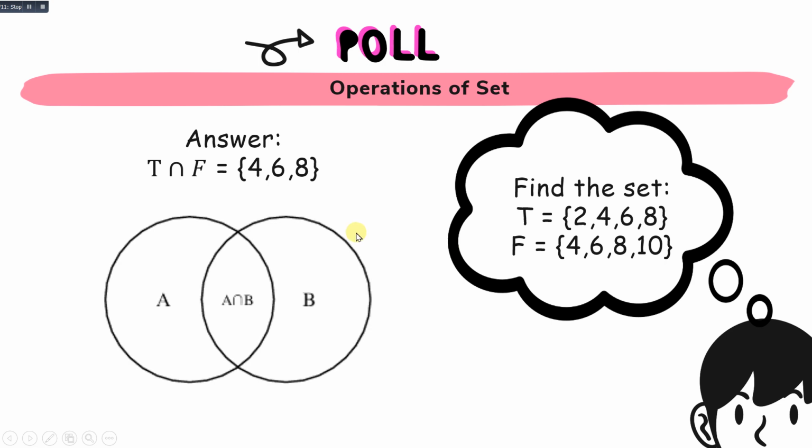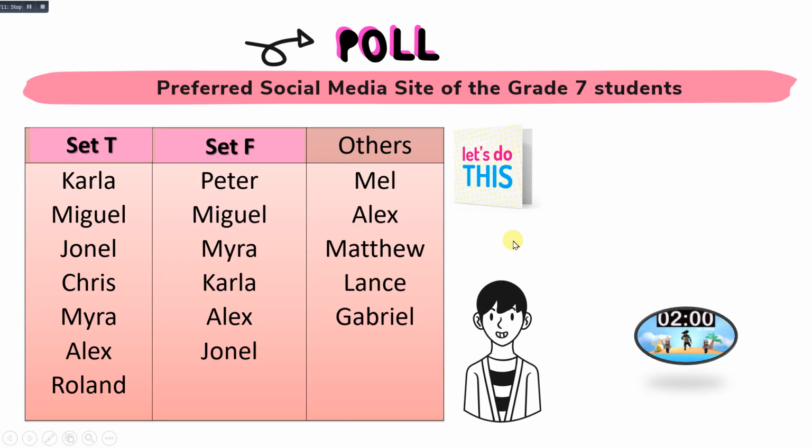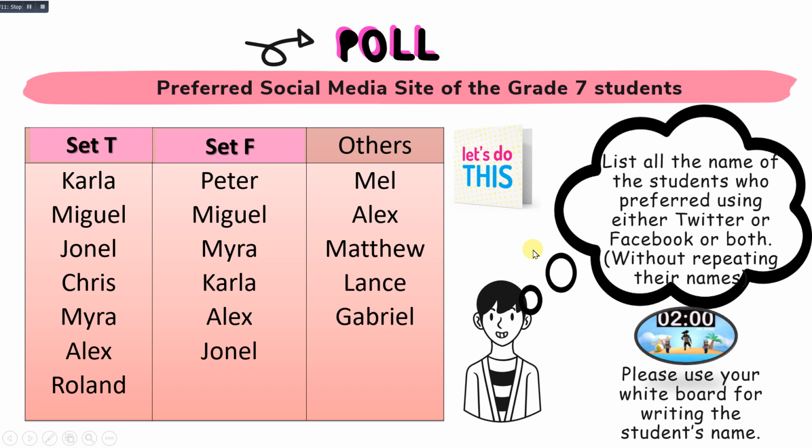Next example. The question here is, list all the names of the students who prefer using either Twitter or Facebook or both. I need you to list down the names without repeating the student names. You can write it on your whiteboard or scratch paper.